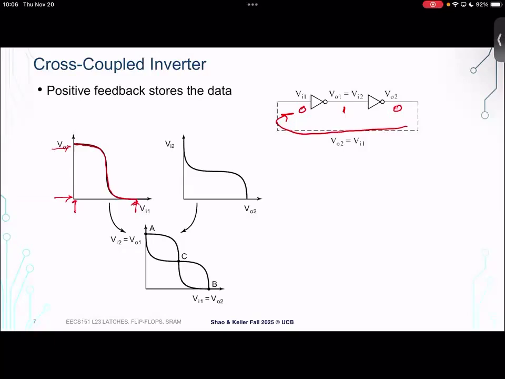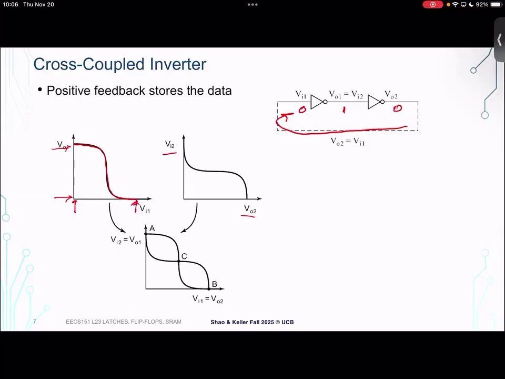And then we've taken that same inverter transfer curve and mirrored the axes in the second one, so that now the input is on the Y and the output is on the X, which again seems like a weird thing to do. But the reason we do it is so then we can overlay the plots as shown in the bottom part. And you can visualize the positive feedback, right?